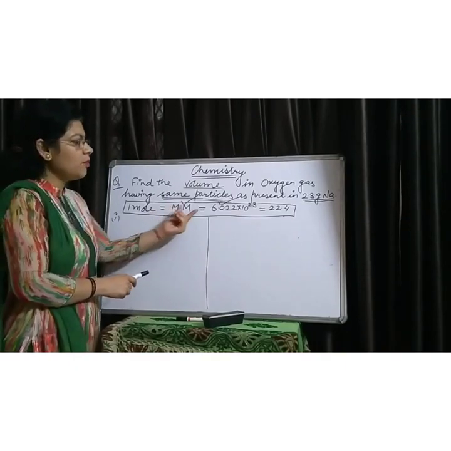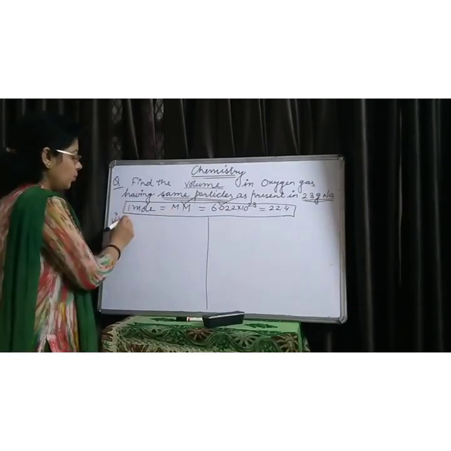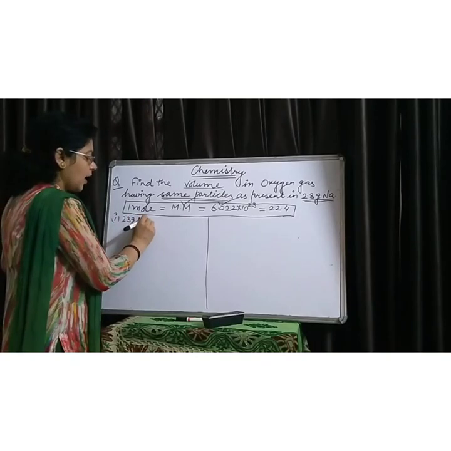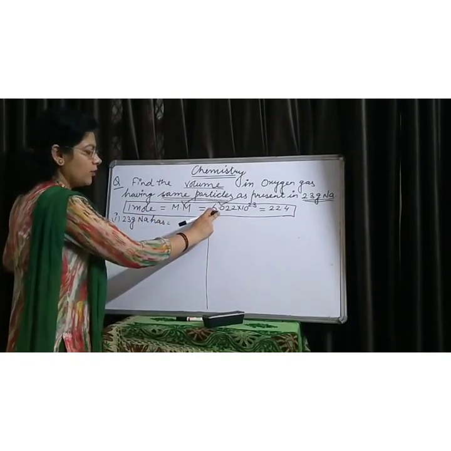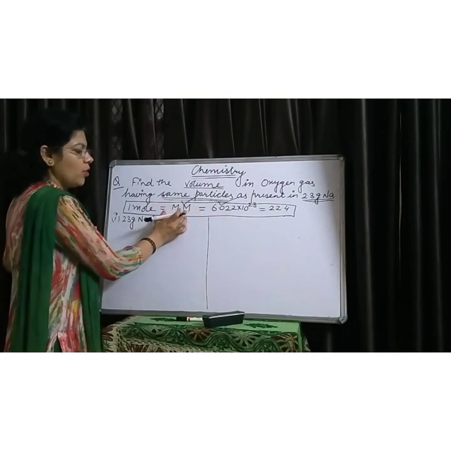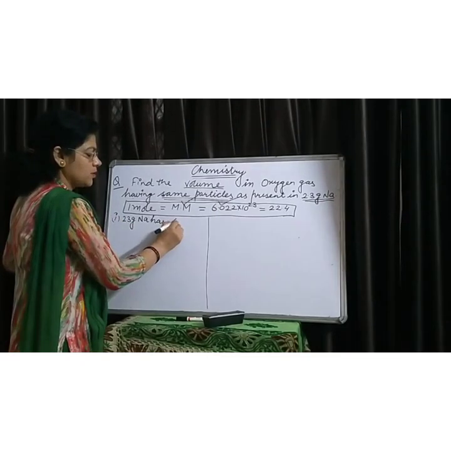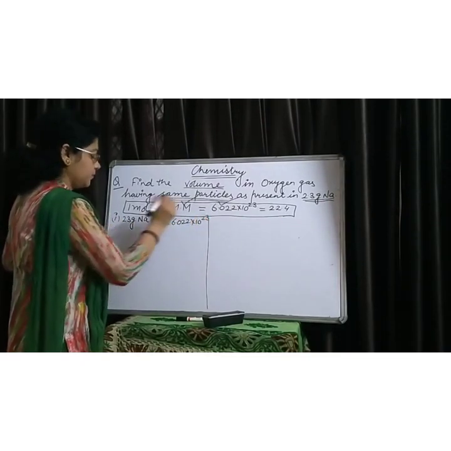As the molar mass of sodium is 23, it means 23 gram of sodium has particles equal to Avogadro number, 6.022 × 10^23.